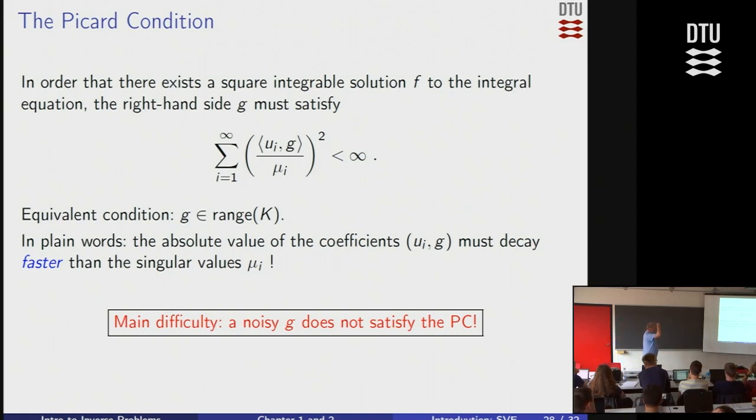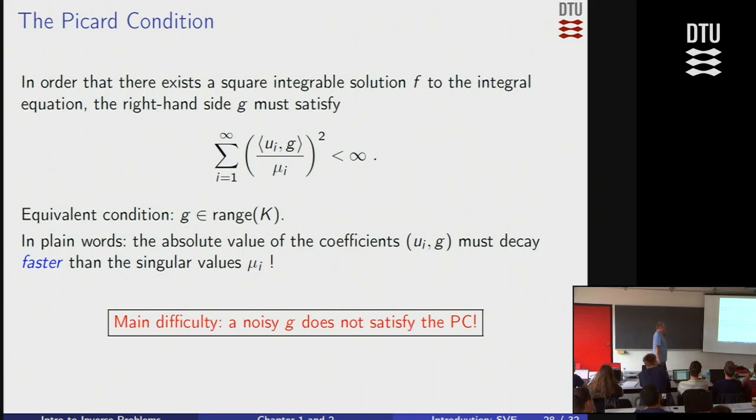So if we want a solution f whose norm exists, whose norm is not infinite, why do we want that? Well, typically, if you put something in a machine and you measure it, what's inside there is not infinite. It doesn't have infinite mass or infinite whatever property. It's finite. So it's very natural that the solution to your integral equation should also have a finite norm. And for that to be true, there's a condition on the right-hand side coefficients.